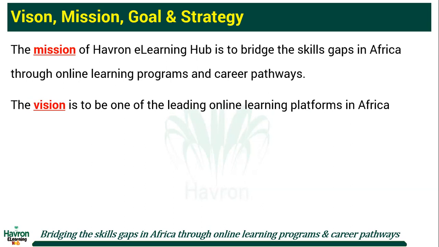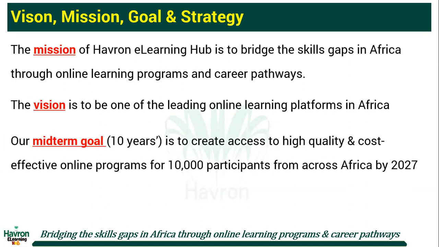And then the vision, where we hope to be. We want to be one of the leading online learning platforms in Africa. We had a midterm goal, and we are looking forward to achieving this by 2027. And that is to create access to high quality and cost-effective programs for 10,000 participants across Africa by 2027.